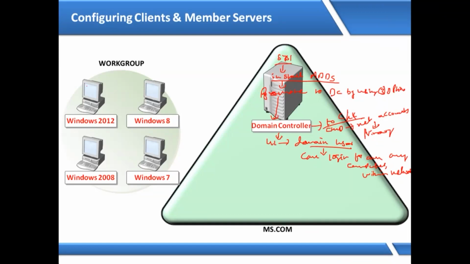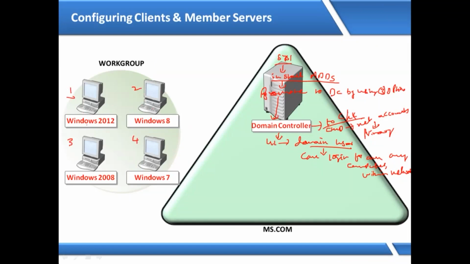So we have four different machines, and in the four different machines, four different operating systems are installed. In computer one, Windows 2012 is there. Sorry, 2012 is a server OS.